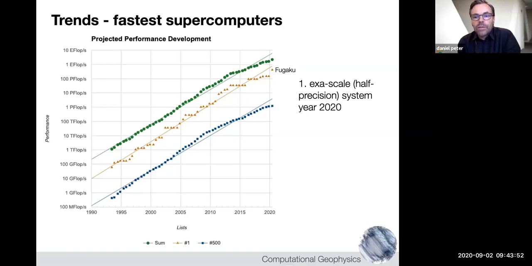If you decrease the precision, if you go from double precision to single precision and to half precision, then actually this machine tops the exascale capacity. It is the first exascale system ever built. People were projecting 5-10 years ago that the exascale machine will start around 2020.